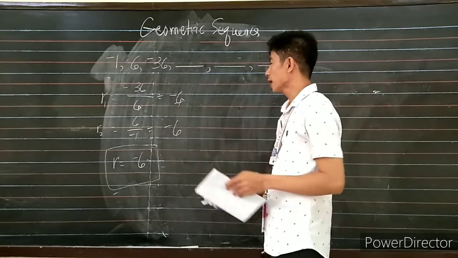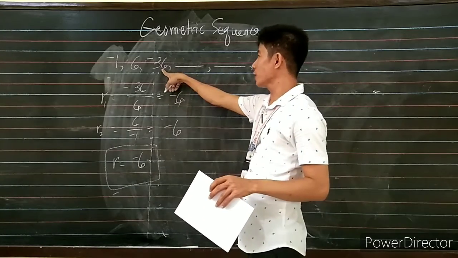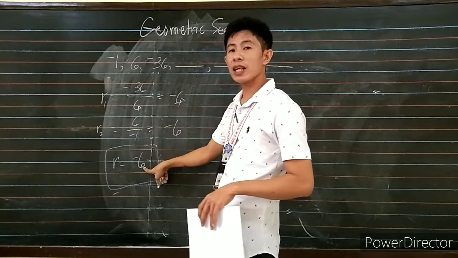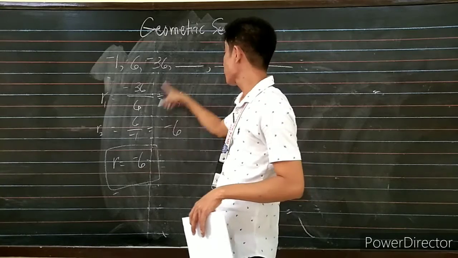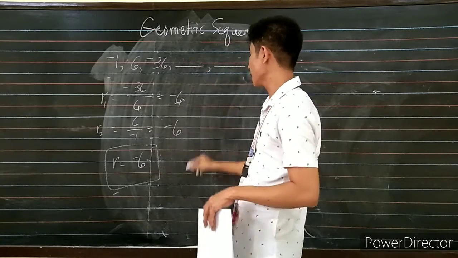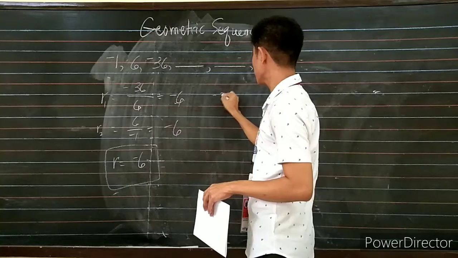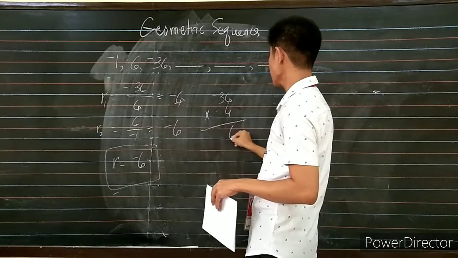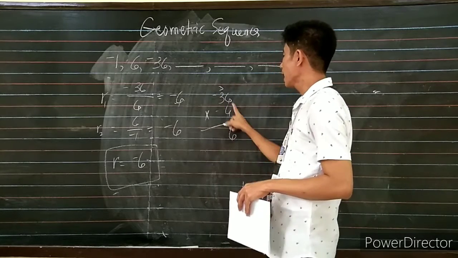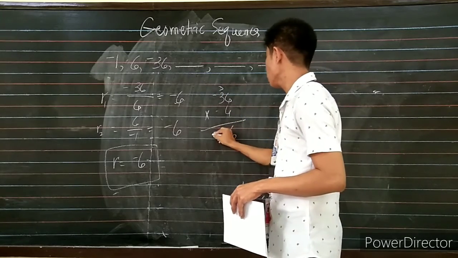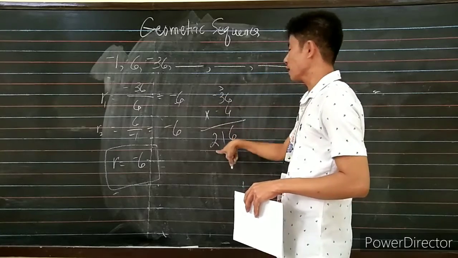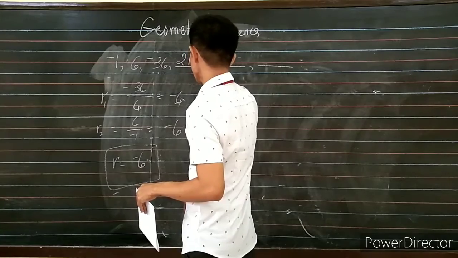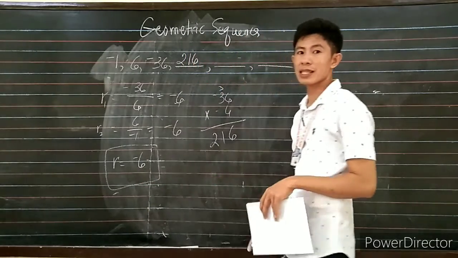Next, if the third term is negative 36 and the common ratio is negative 6, what is the fourth term? So we have negative 36 times negative 6: 36 carry 3, 18, 19, 20, 21. Negative times negative is positive, so the answer is positive 216.